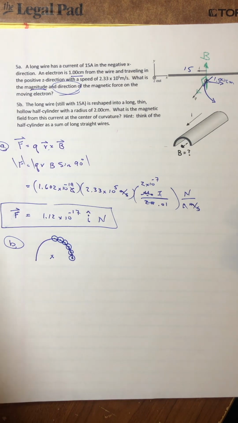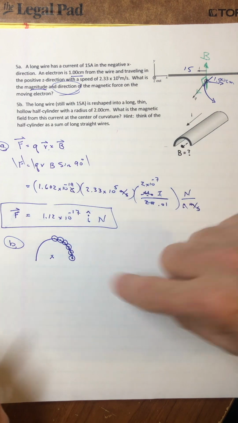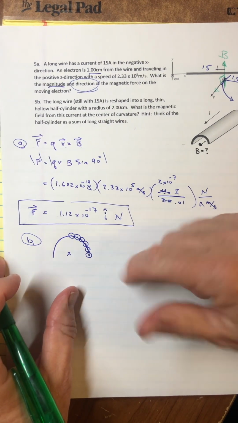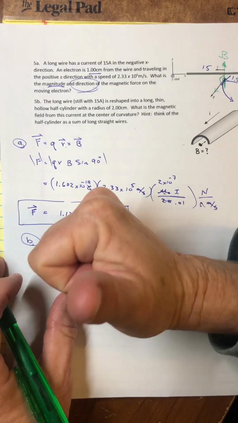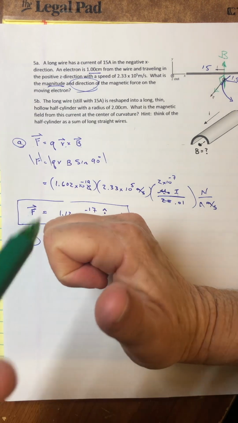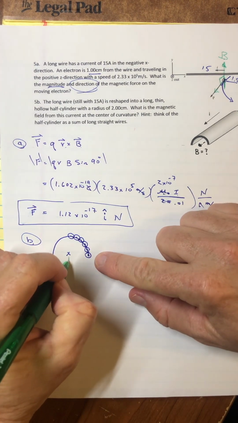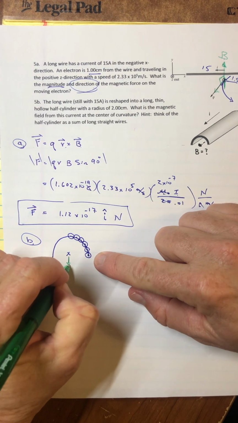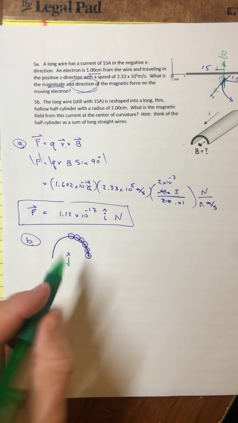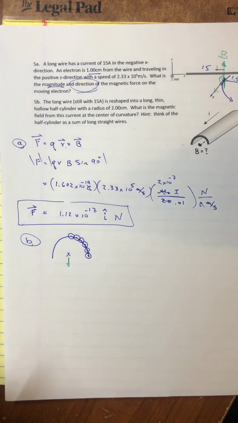I won't draw all of them, but I will use my right-hand rule here. If I were to grab this lower one right here and point my thumb coming out of the screen, my fingers would curl around in a counterclockwise direction. And so the magnetic field from this one alone would be pointing downward.